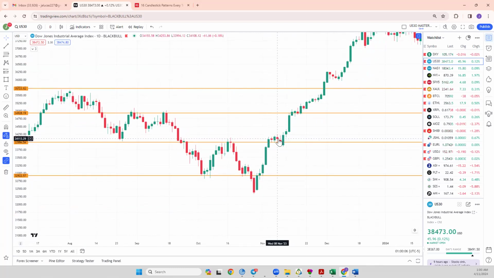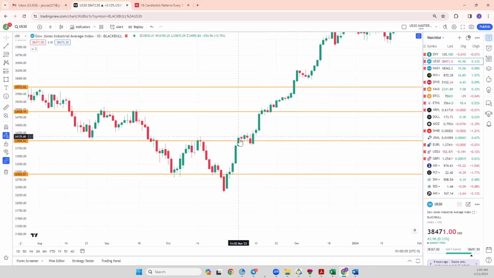A lot of traders will make the mistake of entering in immediately after we break above, to take on that uptrend. But what will actually happen is price will come down and retest this level or this area and give us a better opportunity. So price breaks and it retests.